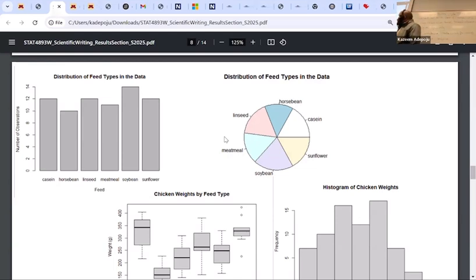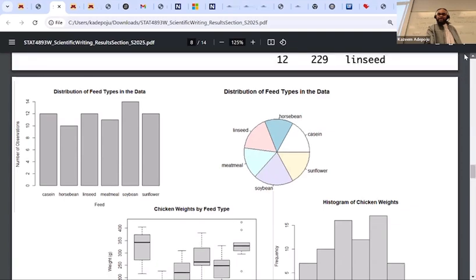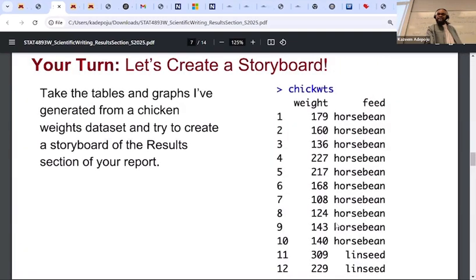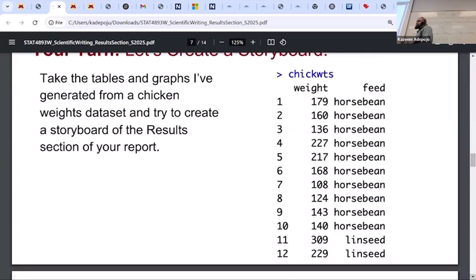What is my intention in summarizing them? I want to compare levels. Take a look at this. What am I comparing here? I'm comparing levels. If you take a look at the way it was here, it doesn't really make sense. Somebody that is not in statistics may not be able to understand this.